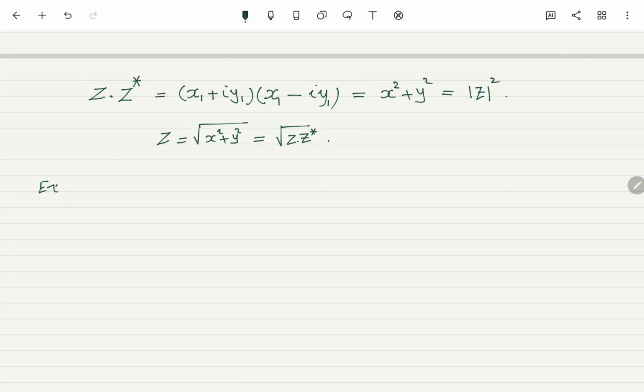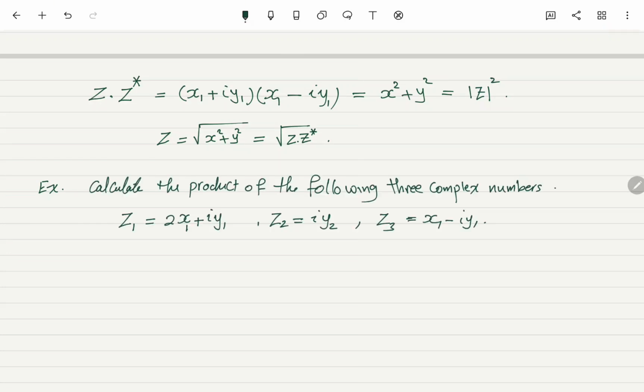Example: calculate the product of the following three complex numbers. z1 equals 2x1 plus iy1, z2 equals iy2, z3 equals x1 minus iy1.